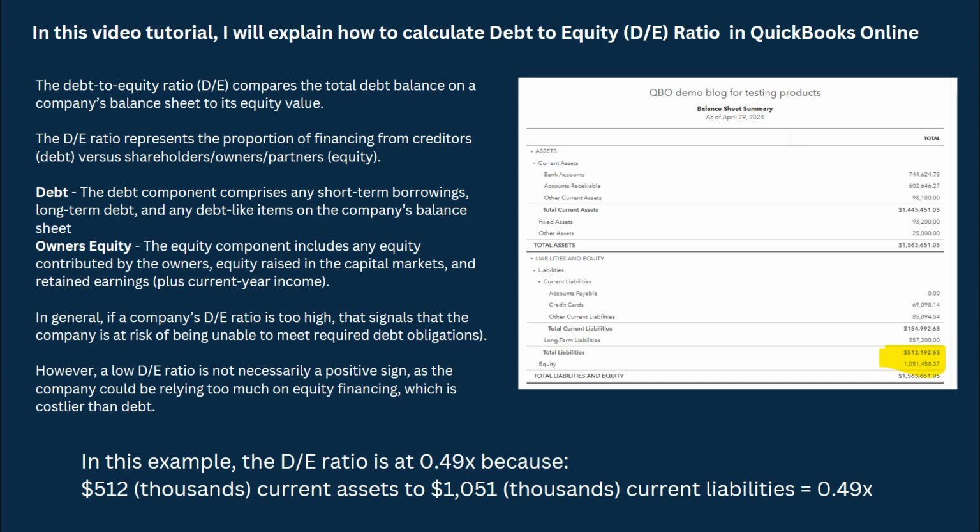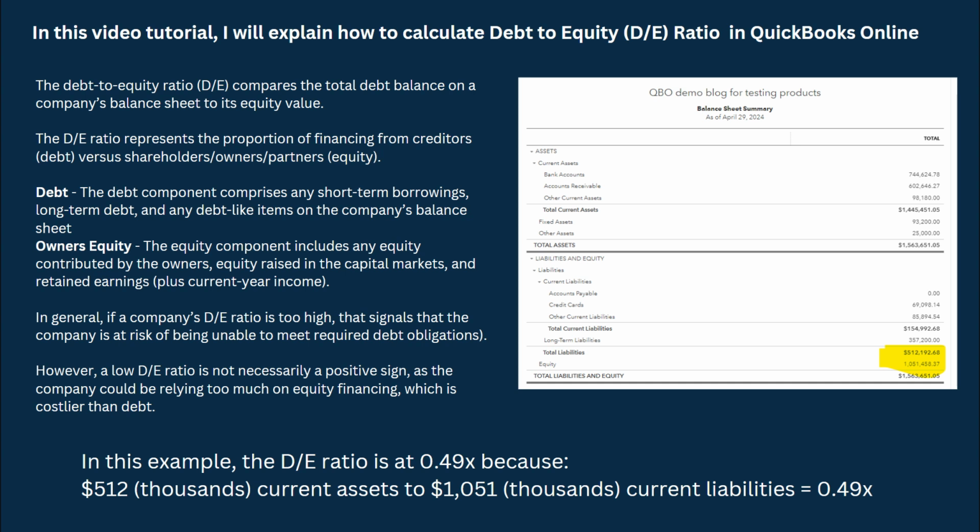And the owner's equity is the component that includes what is contributed by owners, shareholders, partners, and whatever is in your retained earnings, and it could also include the current year income as part of the equity. So that's your equity side.